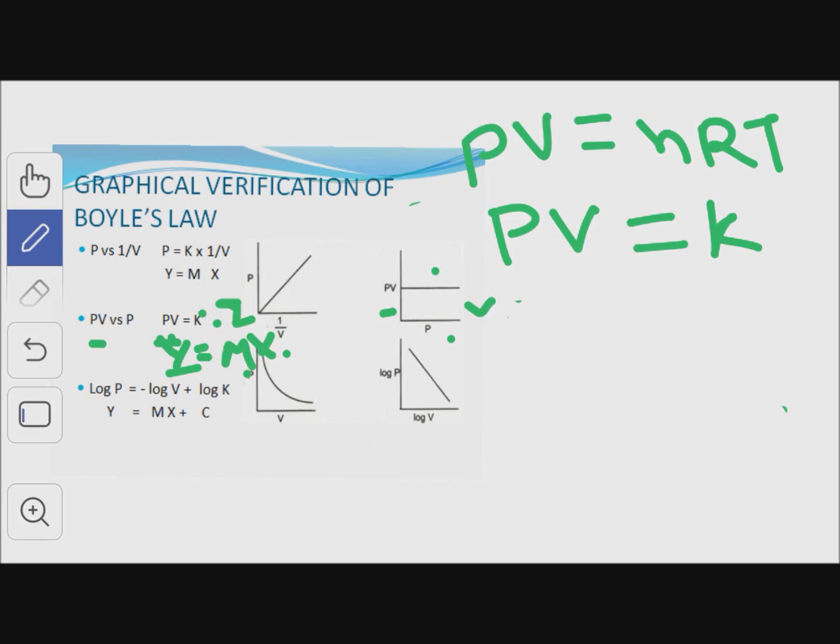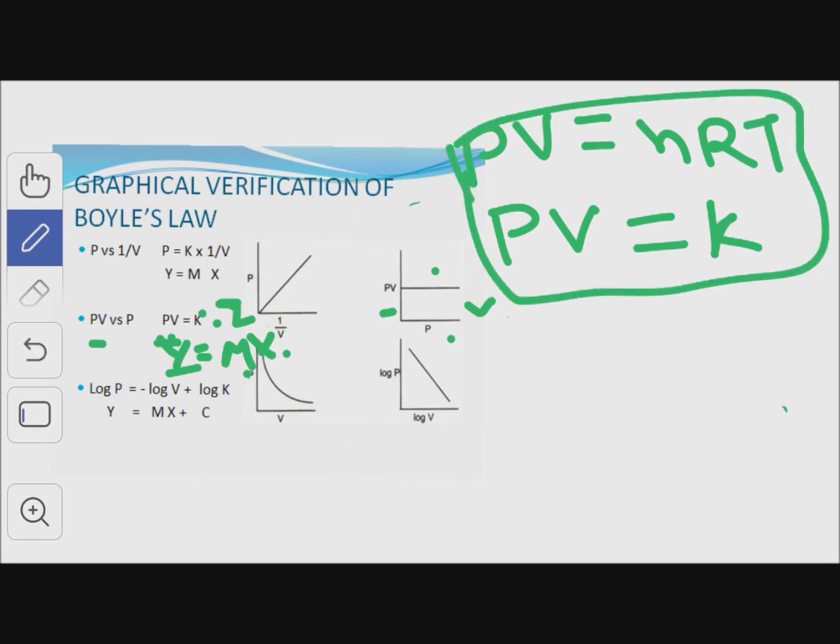And from here, if we compare these two equations, these PV are the same, which means the left hand sides are the same, so the right hand sides also become the same. Here n is the number of moles.